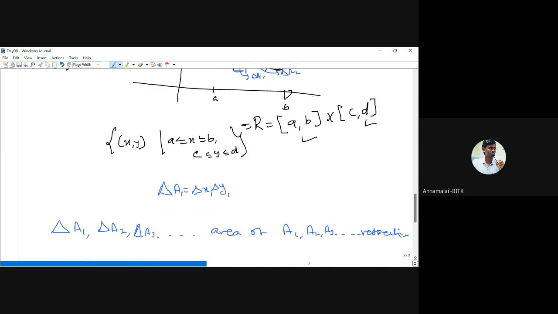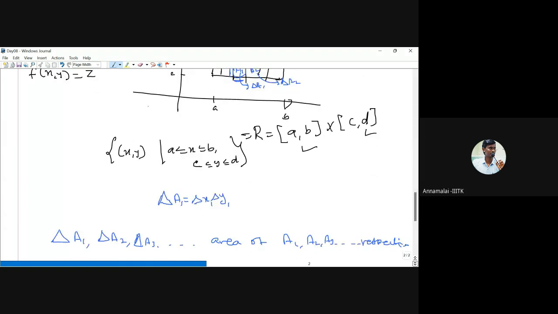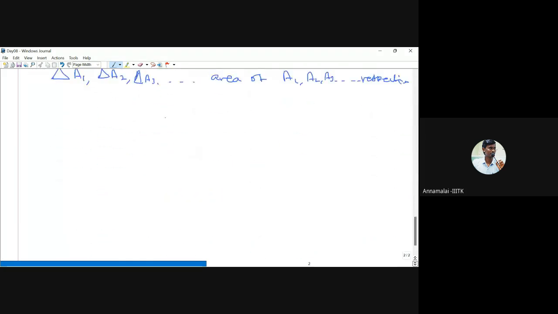Now you pick some point in Ai. Suppose this is Ai, and I pick some point here, xi comma yi. Then we can find the value of the function at that point. There are n regions A1, A2, etc., An, and delta A1, delta A2, etc., delta An are their areas respectively.